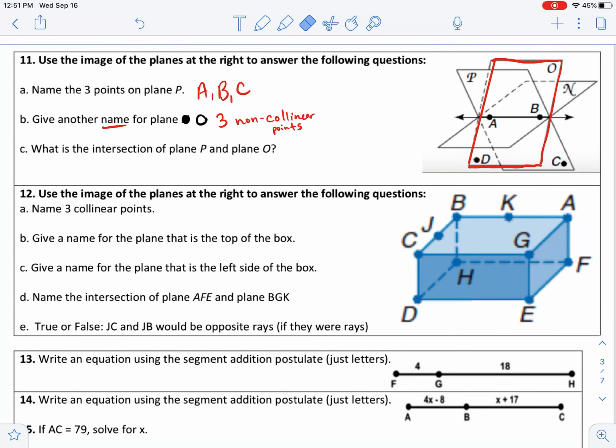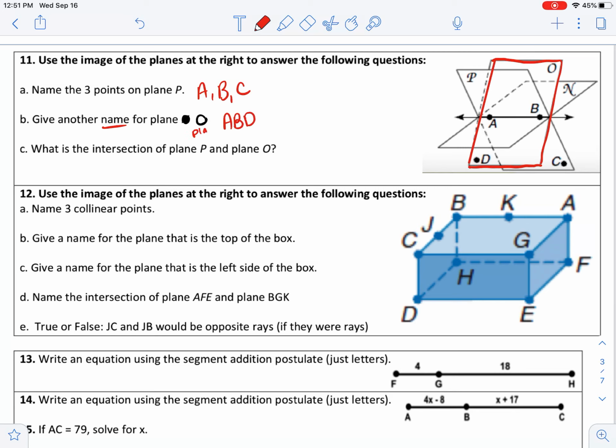So let's see, 3 non-collinear points. And that's going to be in my red rectangle there. The only 3 points I've got are A, B, and D.